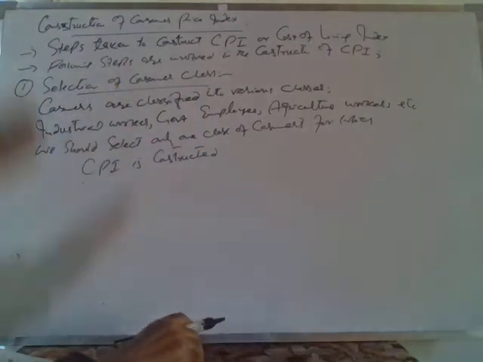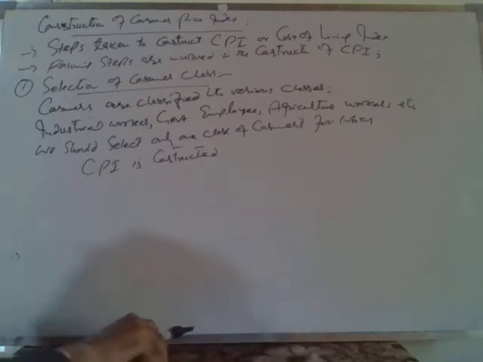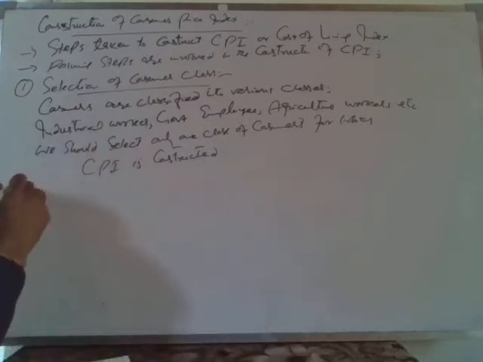So this is the selection. It depends upon the assessor, estimator, or constructor, who can select only one set of people, a particular class of people, for which consumer price index is constructed.